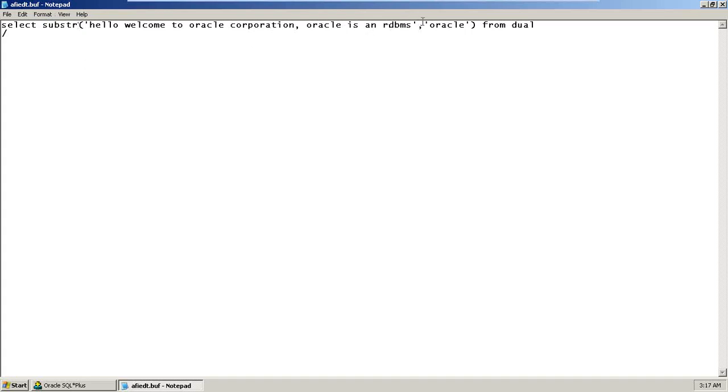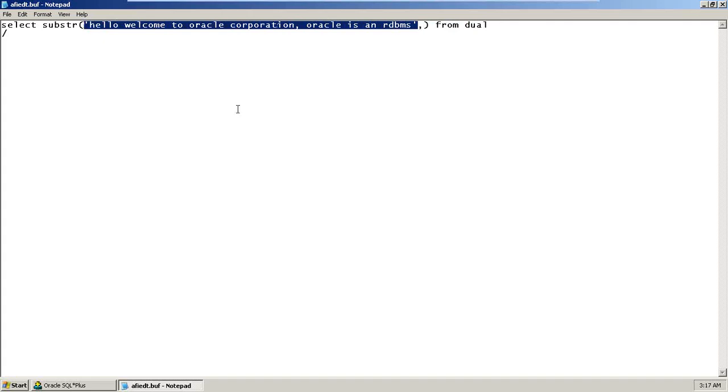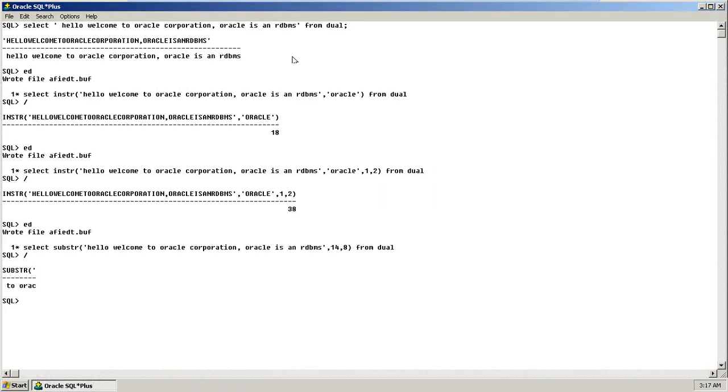In this string, within this string, I want to display something like from the 14th character onwards. So the start position is the 14th character. I want to display 8 characters, a total length of 8 characters.